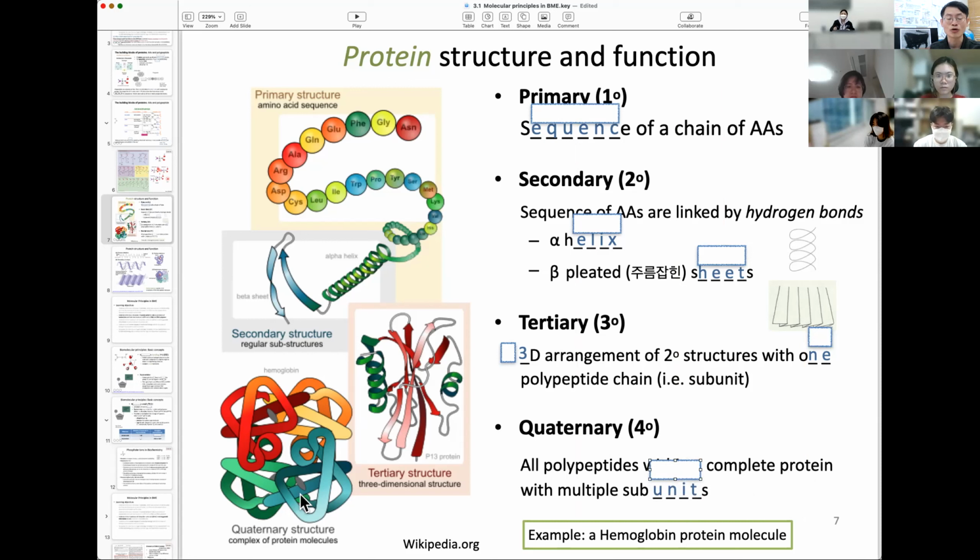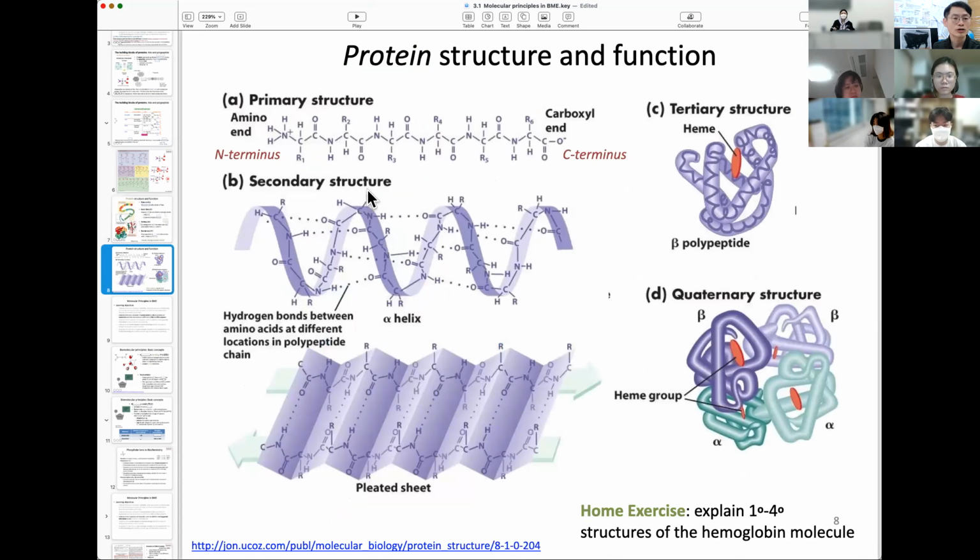You can see these 4 different colors, which means it has 4 subunits to perform the hemoglobin function, which is to grab an oxygen molecule, go down to the tissues, and release the oxygen where it's necessary. All right, so we looked a little inside protein structure and function.